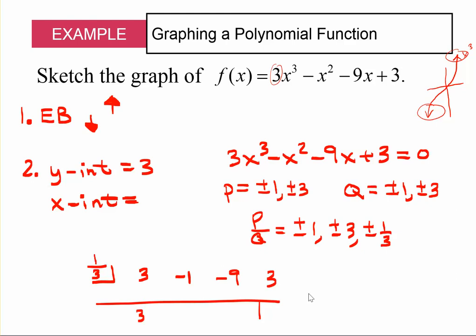Okay, 3 goes down. Let's see. 1/3 of 3 is just a 1. Negative 1 plus 1 is a 0, and 1/3 of 0 is still a 0. Negative 9 plus 0 is a negative 9, and 1/3 of a negative 9 is a negative 3, and voila, there's my 0.